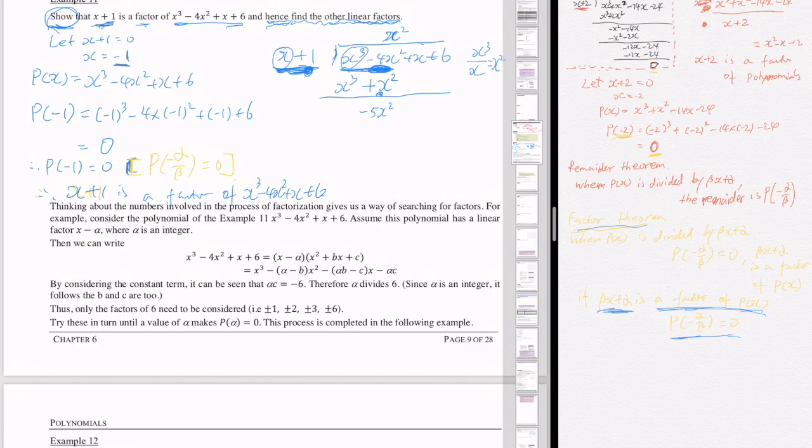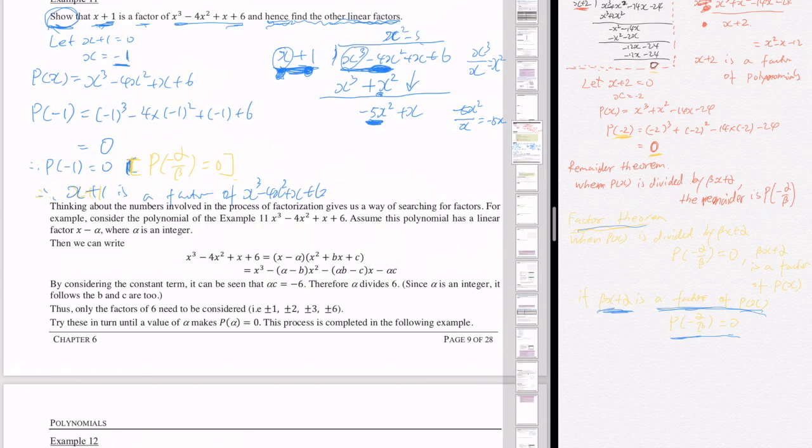Since our divisor has two terms, I'm going to bring one more term down to give me two terms again, and then you do the same thing. The highest power term at this stage is negative 5x squared, divided by the highest power term of your divisor, x. So you get negative 5x.